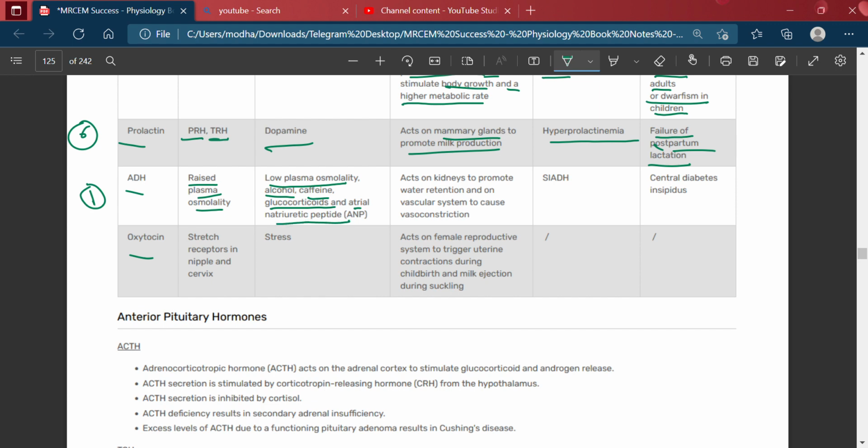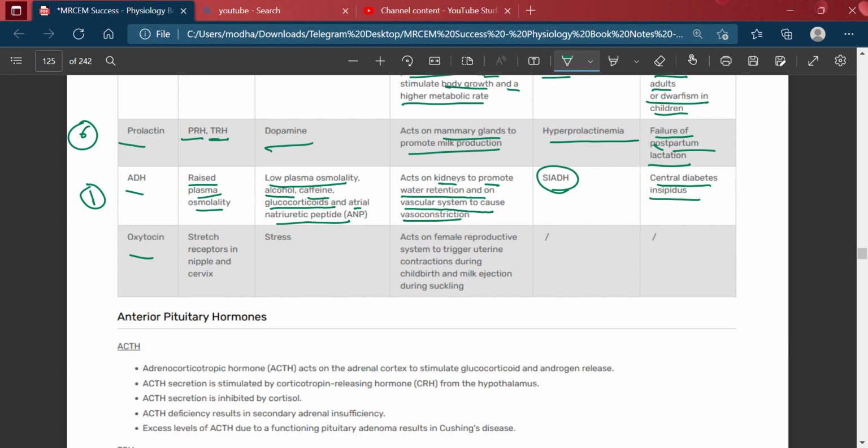It acts on the kidneys to promote water retention, and on the vascular system to cause vasoconstriction. Its excess will produce SIAD, syndrome of inappropriate antidiuretic hormone, and in deficiency it causes central diabetes insipidus.